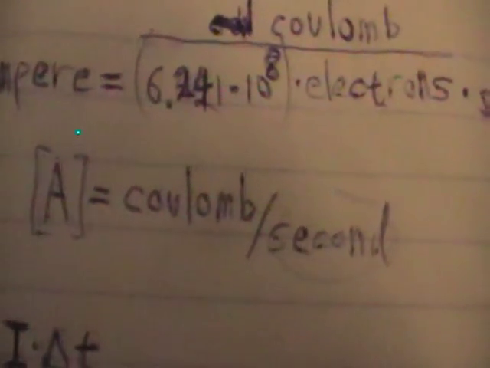If we have a certain amount of watts, which is worth our charge, this time we're talking about current, which is measured by ampere, which is a coulomb per second.